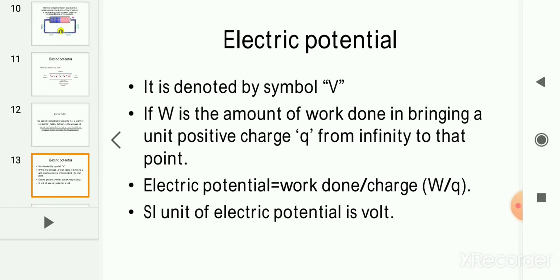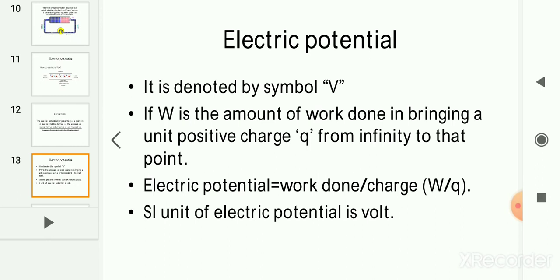Next, electric potential is always denoted by the symbol V. If W is the amount of work done in bringing a unit positive charge Q from infinity to that point, then electric potential is equal to work done per charge, that is V = W/Q. So this is electric potential.